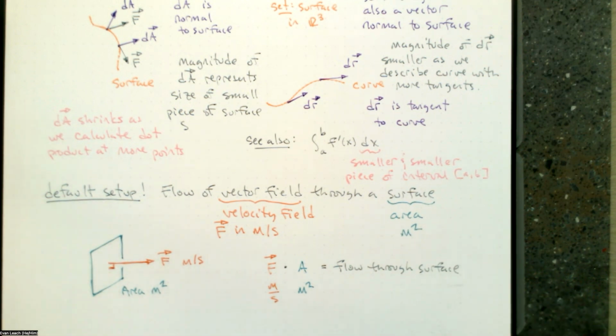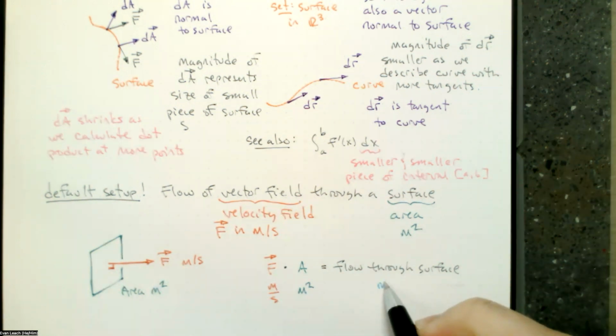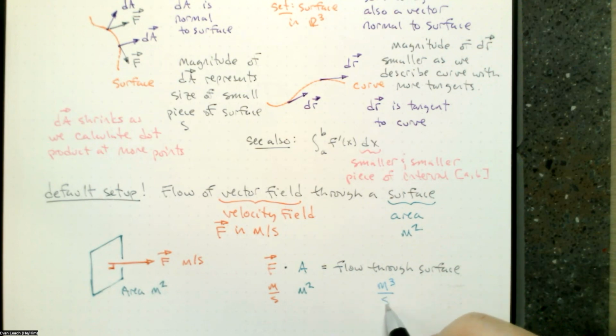That will be the flow through the surface in cubic meters per second. So if we take meters per second and multiply by square meters, we'll get cubic meters per second. If everything is constant, then we get to multiply.